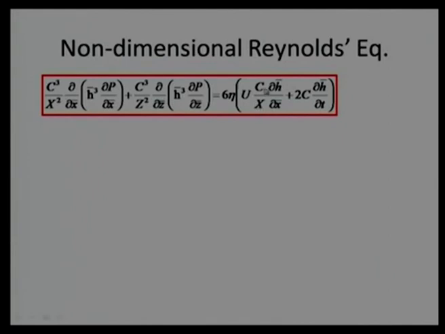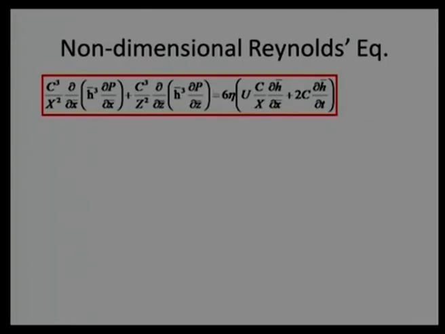Now, here 6 eta is a term, and there is interest in non-dimensionalizing all these terms. We already non-dimensionalized x and h, but pressure is still in dimensional form. So, there is a need to non-dimensionalize the pressure also.